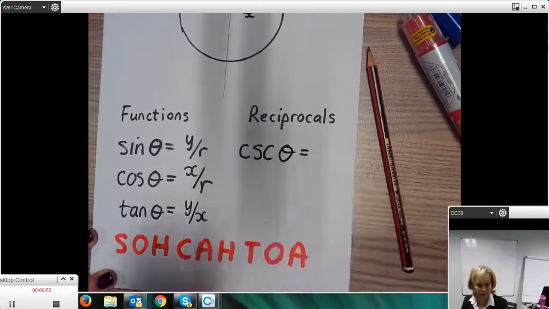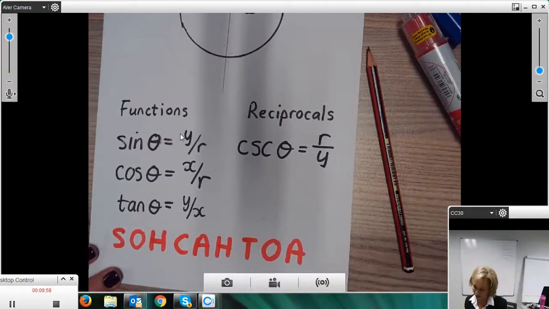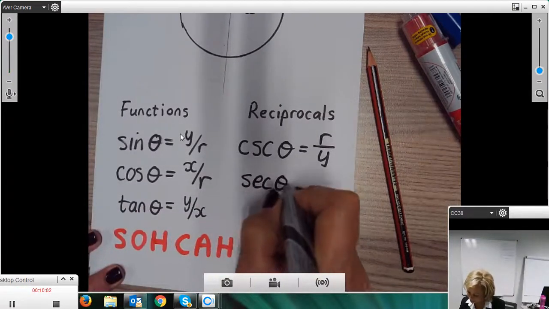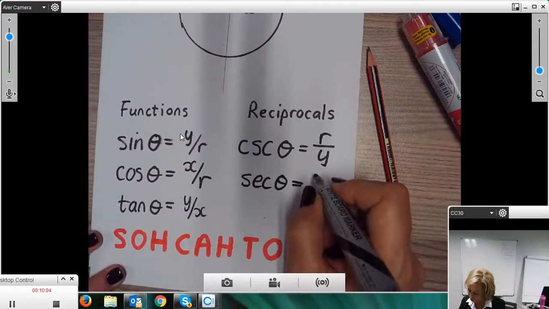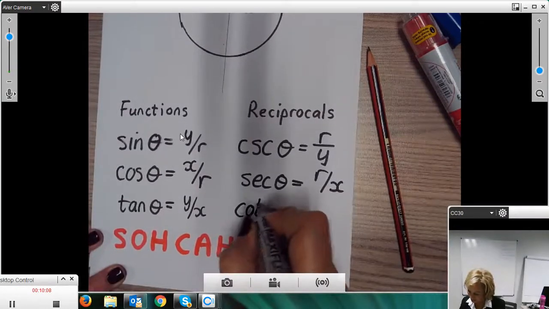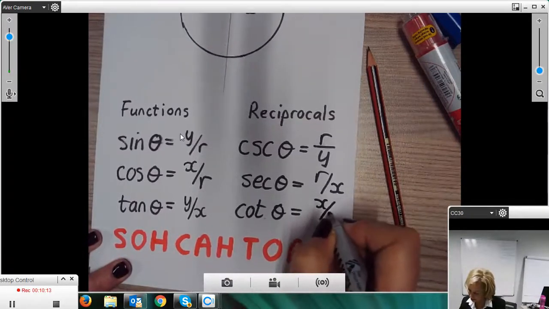Cosec theta is abbreviated by CSC. So, as I said, the reciprocal has to be the r over y ratio. The reciprocal of cos is sec, and that will be the ratio r over x, and the reciprocal of tan is cot or cotangent, which is x over y.